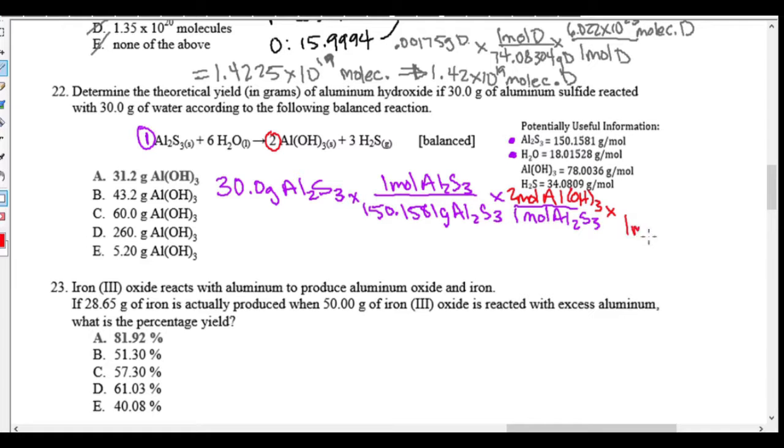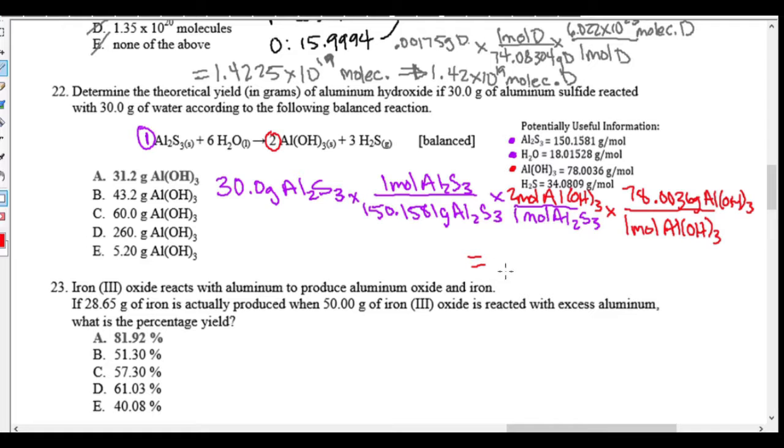So 1 mole of AlOH3 is 78.0036 grams of AlOH3.